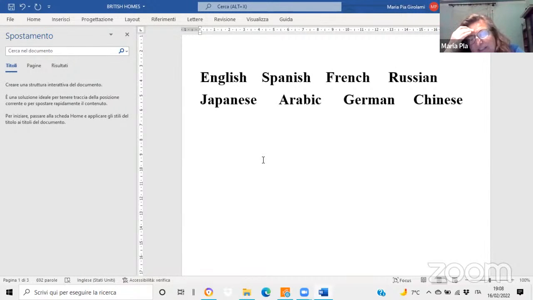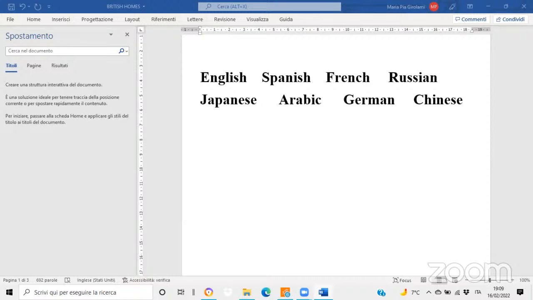And then I think that also is the language of the computer, of the science, in many cases, and then maybe it's not so difficult. What do you think, Beta? Do you agree with me?